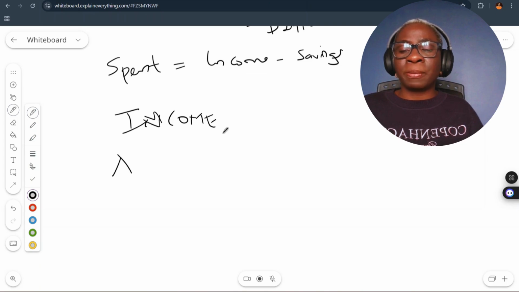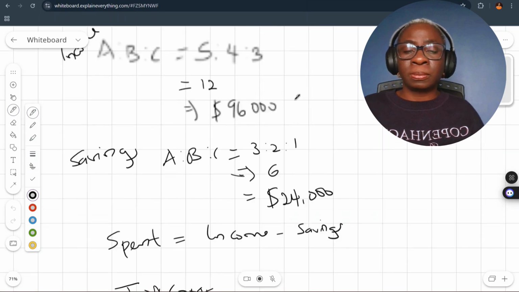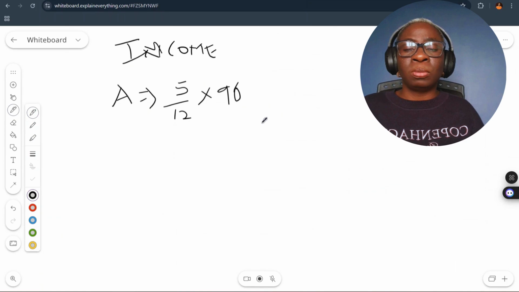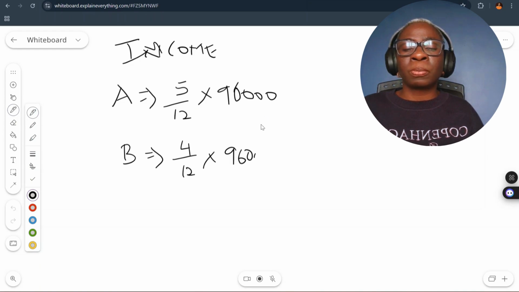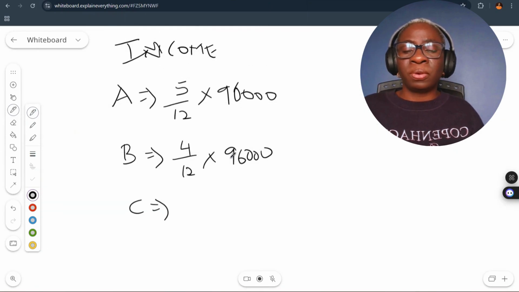A's ratio is 5/12, so A's income is 5/12 of the total 96,000. B's income is 4/12 of the total income, and C's income is 3/12 of the total income.